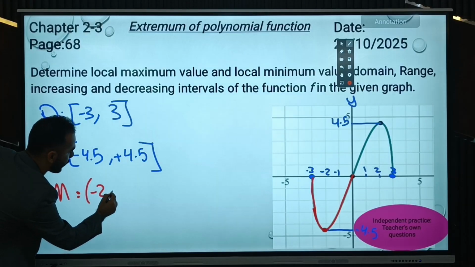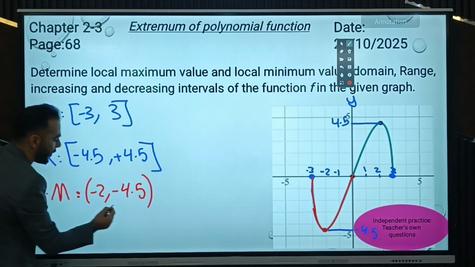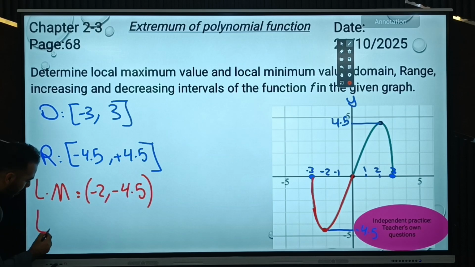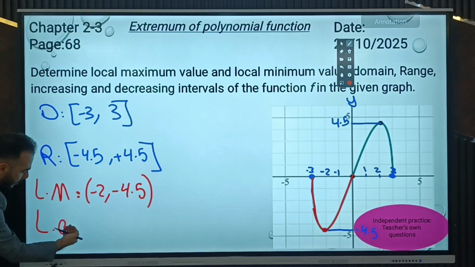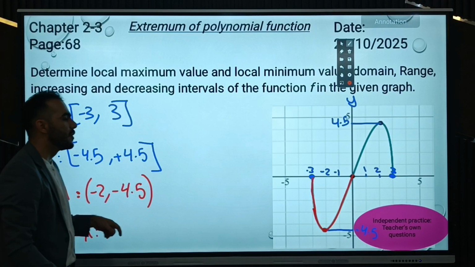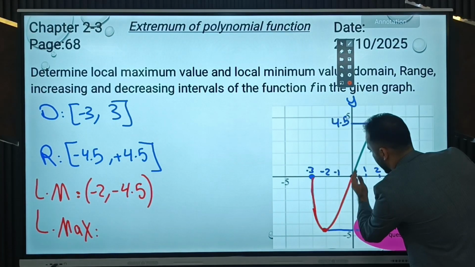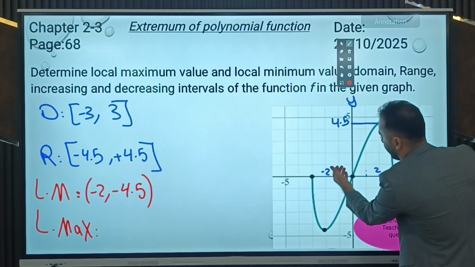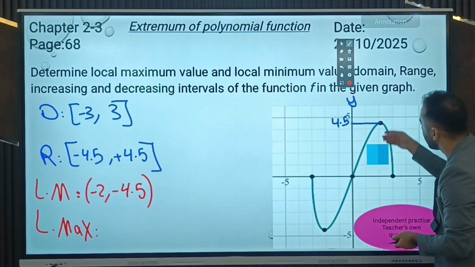How about the local maximum? I would write local max, not to get confused with local minimum. So local maximum is here. Take a look at the direction of the graph from left to right. When we move, it's increasing, and in that point it's decreasing.